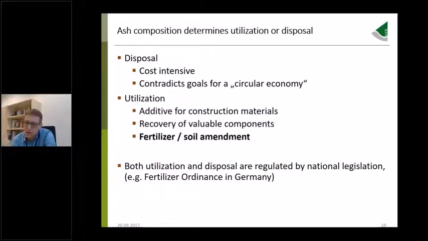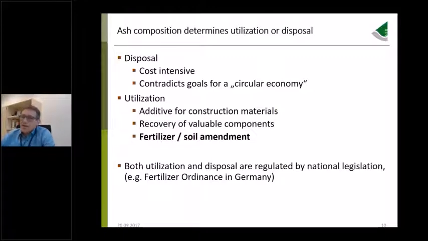So what is not the case at the moment, but what would be a logical result of a discussion of circular economy would be to take out these toxic elements, which can also be valuable components, to use them separately. And we can also use ash as additive to construction materials.